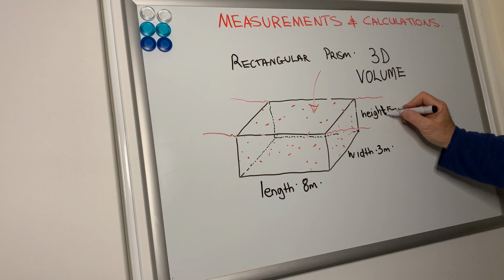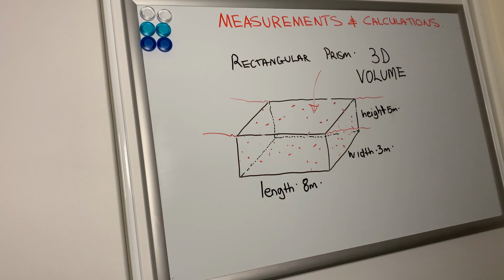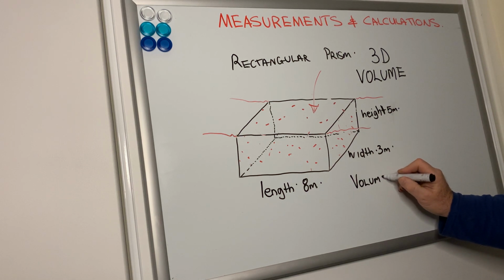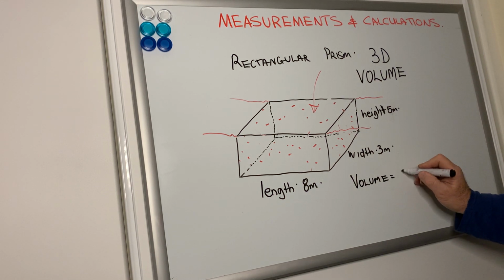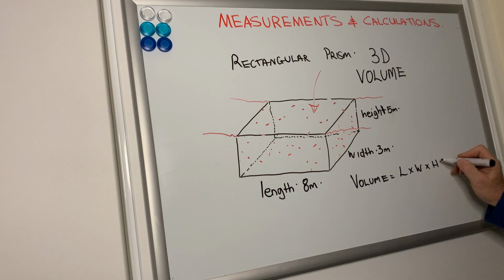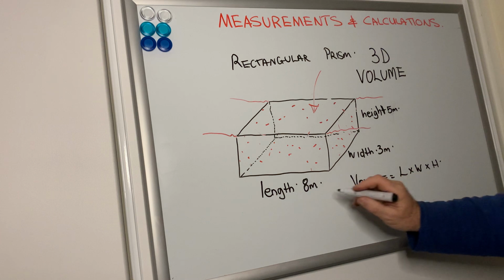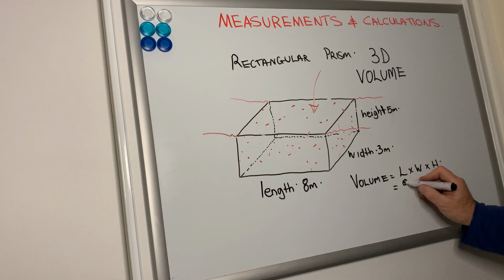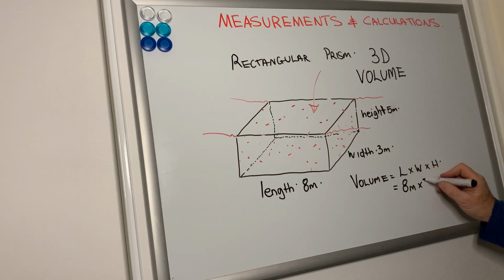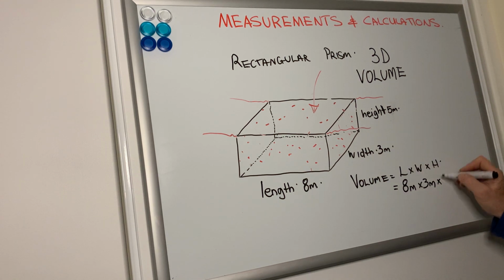Okay. So when we're talking about volume, we're simply talking about volume equals the length times the width times the height, which is simply equal to length is 8 meters, times the width, which is 3 meters, times the height, which is 5 meters.